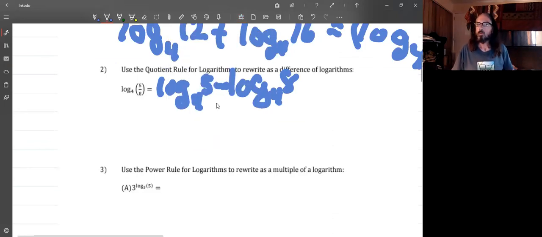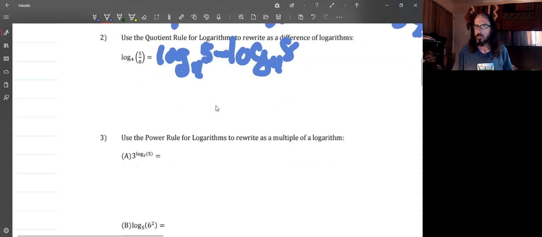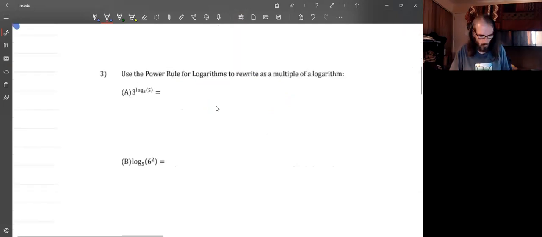Y equals 3 to the x and y equals log of x base 3, those are inverse functions. And so they're going to cancel each other out. So our answer here is just 5.